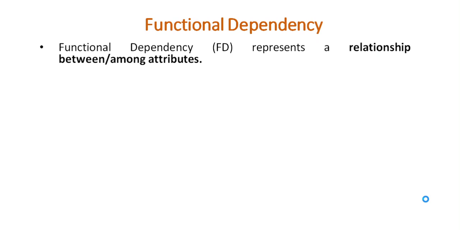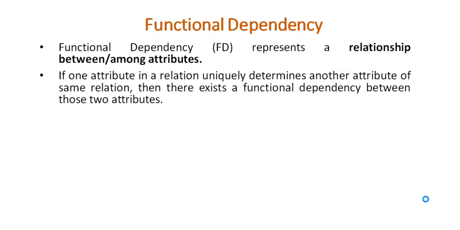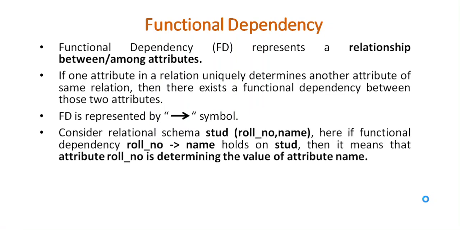Here, functional dependency or FD represents the relationship between attributes in the same relation. When we say one attribute in a relation uniquely determines another attribute of the same relation, then there exists a functional dependency between those two attributes, and that FD is represented by an arrow symbol.